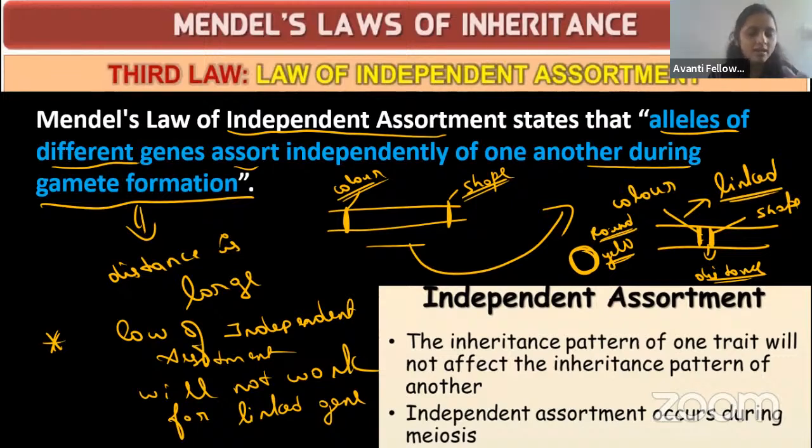We will not get round and green color. Round and green is not possible. Because these are linked, the seeds that are round must be yellow in color. The seeds that are green have a wrinkled shape. Those things we call linked. So Lakan, do you understand? In the linked gene, what happened? The distance is very less. So that's why wherever they are going, they will go together.